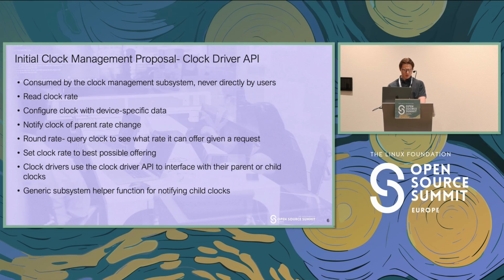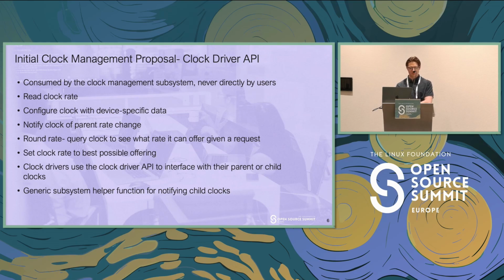So the driver API is what vendors would need to implement in the initial proposal, and it's only used by the clock management subsystem, not by users. The API was initially defined with the ability to read a clock's rate and configure a clock with device-specific data.